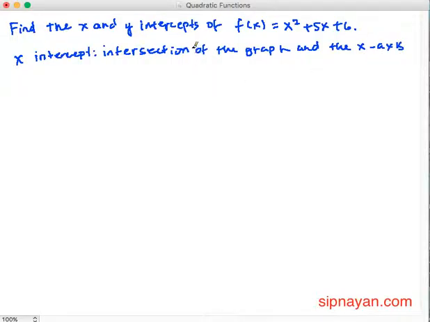Pwedeng maramihan yan, kasi pwedeng dalawa, pwedeng isa. Sa quadratic function, maximum of 2 yung intersection. Pwede ring wala. Next, we have the y-intercept. This is the intersection of the graph and the y-axis naman.